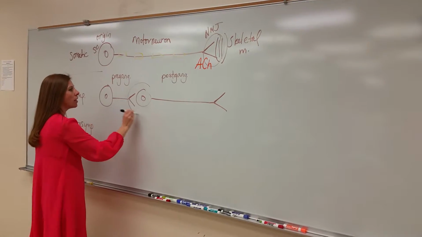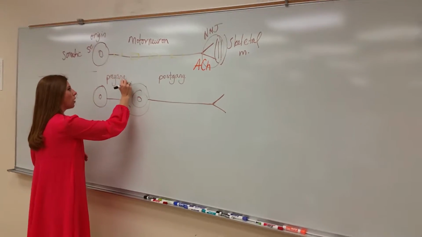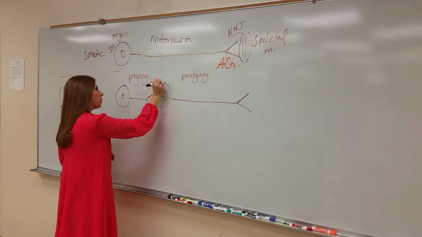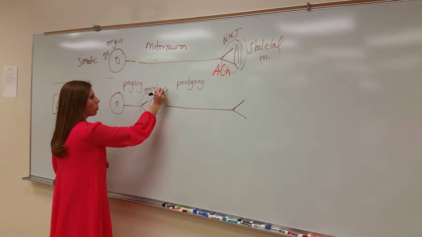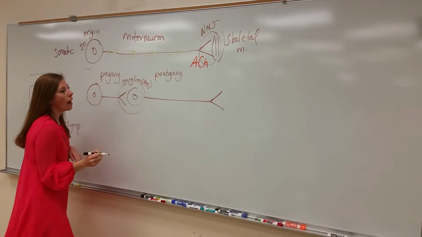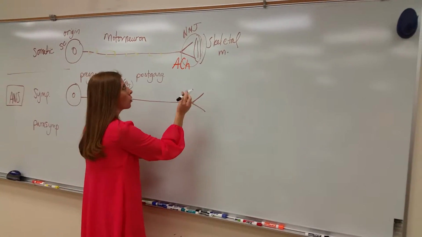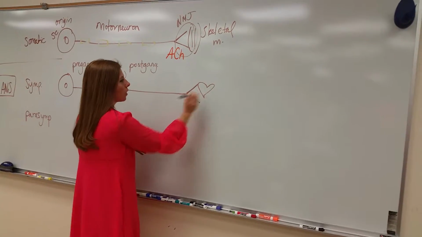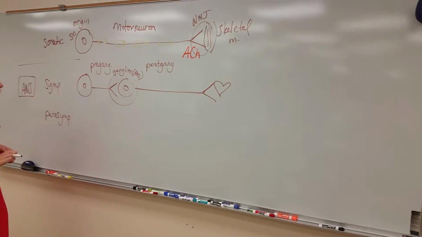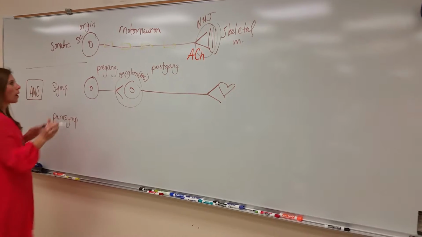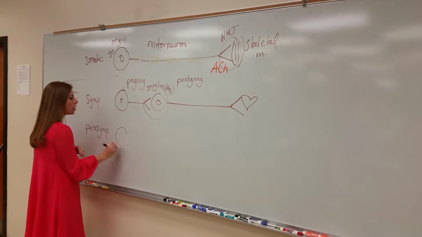They synapse in the periphery at what's called the ganglion, which is in the peripheral nervous system, and they target a gland or organ, which I'm going to draw as a heart. Same basic terminology with the parasympathetic.